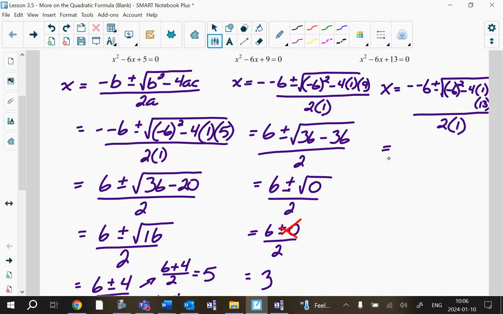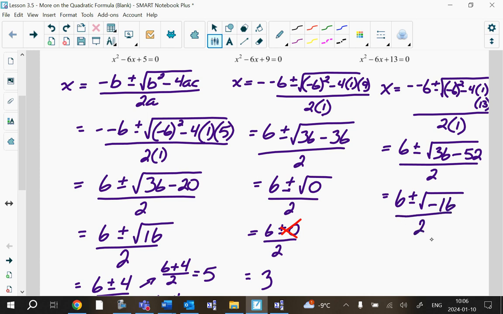Negative 6 becomes positive, plus or minus 36 minus 4 times 1 times 13, which works out to 52, divided by 2. What do I get when I subtract 36 by 52? Negative 16.